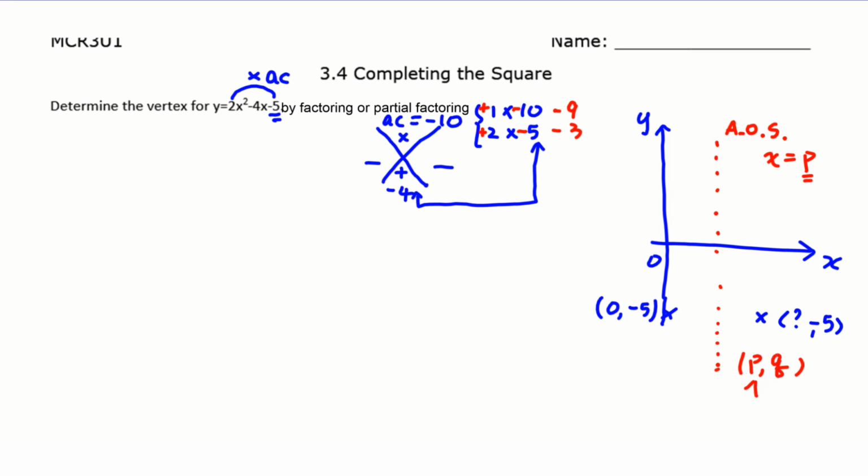Whenever you want to find the y coordinate, we do the substitution. So this is our idea. First, we find the symmetric point of the y-intercept. Second, we have the p value. Then we sub in the p value to find the q value.